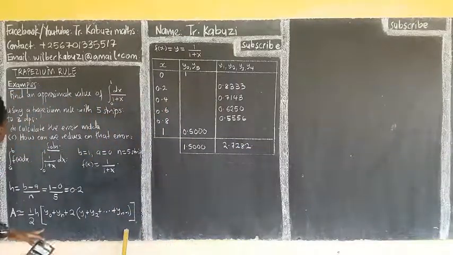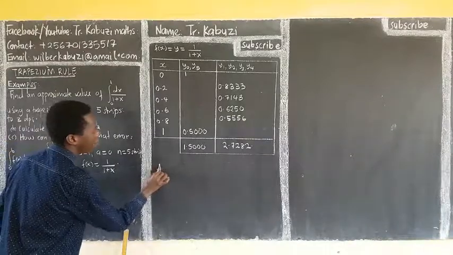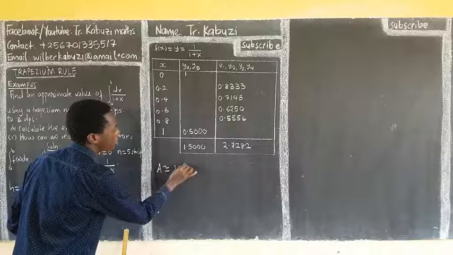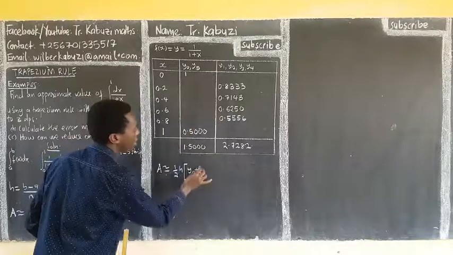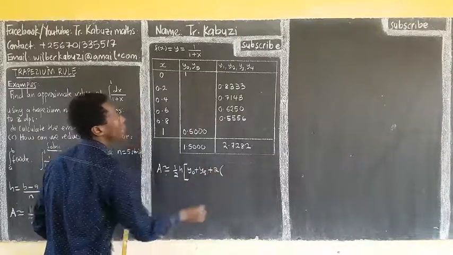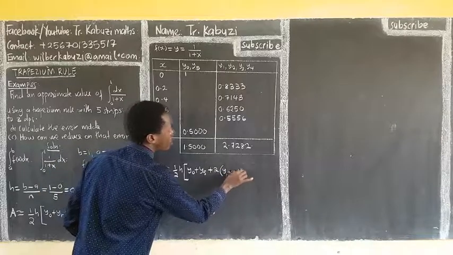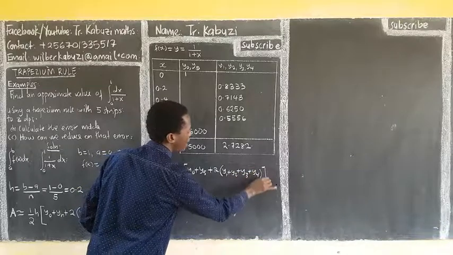So now we substitute into our formula. Our area is going to be approximately a half h into y naught plus my yn, which is y5, then plus 2 into y1, y2, y3, y4. That's where they are ending.